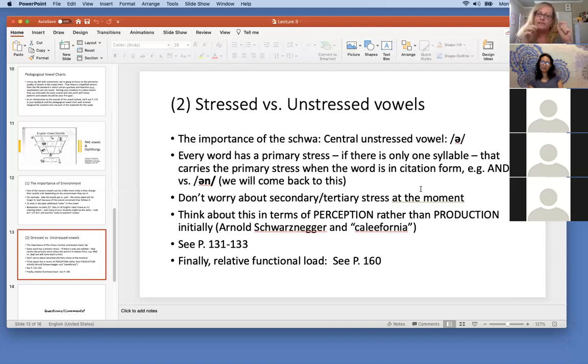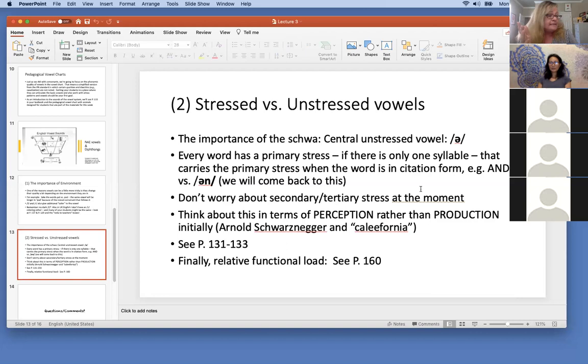A lot of learners think of the orthography while listening and miss that centralized, destressed schwa. They have to be able to perceive that unstressed vowels are turning into this centralized schwa. As to their production, it depends on your circumstances and your learner's specific circumstances.